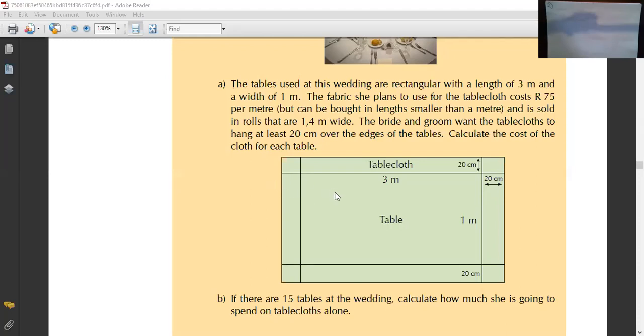So we can leave another 20 centimeters here. So the cloth we are to buy, for each table, has to be 3.4 meters, because we are putting into consideration these 3 meters, then we have these 20 centimeters, and we assume this is also 20 centimeters.